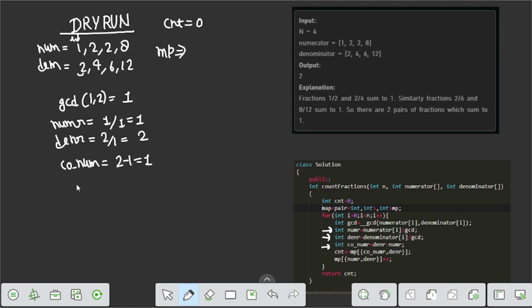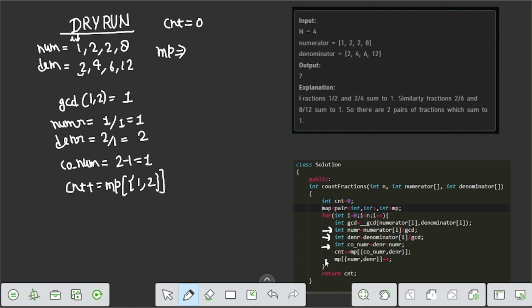We look in the map to increase the count: we look for the key 1 comma 2 in the map, but the map is empty, so the count remains the same.